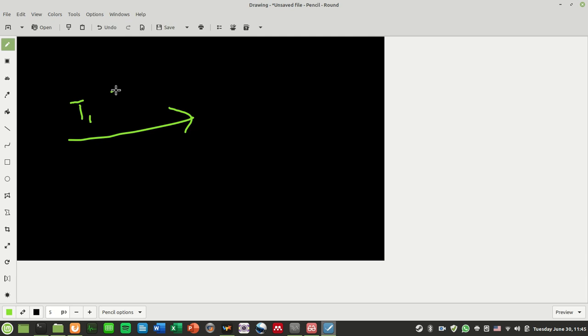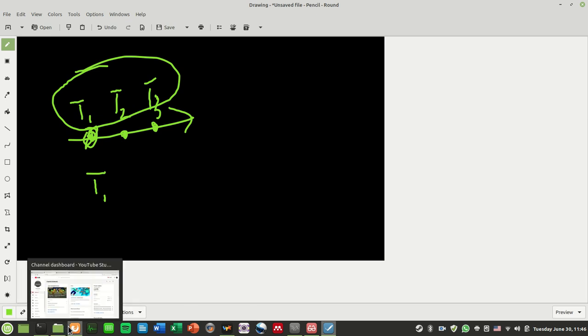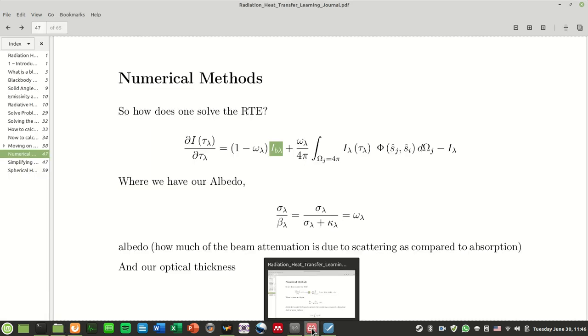The medium here may be at different temperatures, so T1, T2, and T3. At this point, for example, it will have some black body radiation based on T1. This one will have black body radiation characteristic of T2, and this one characteristic of T3. The thing is that you have to know what T1, T2, and T3 are, or else you've got to do some iteration, and that's where the numerical solutions actually come in.